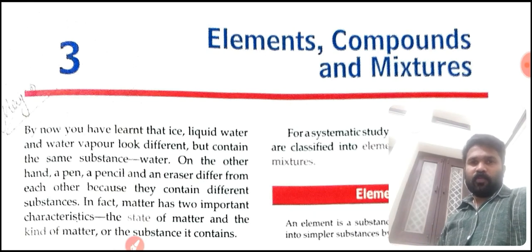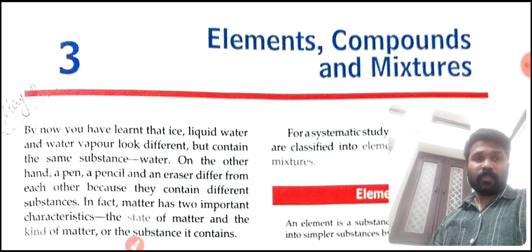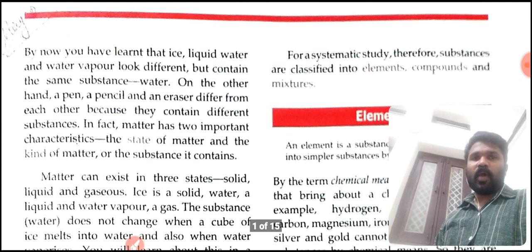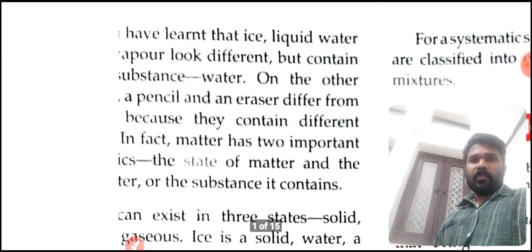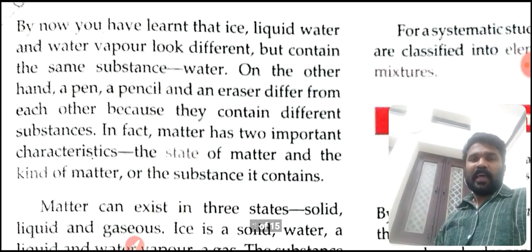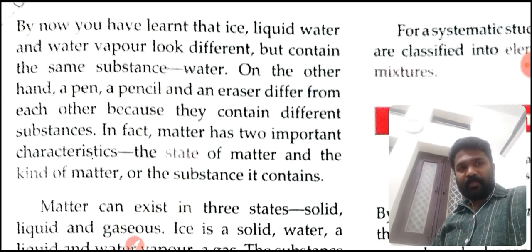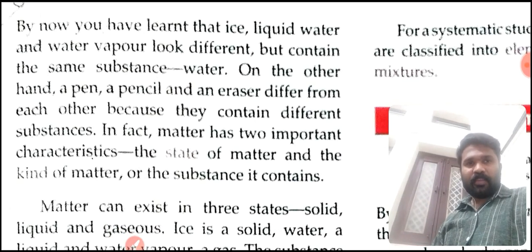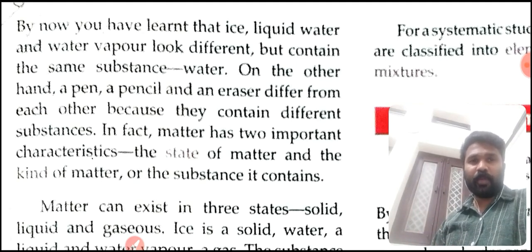Until now, maybe you have learned that ice, liquid water and water vapor look different, but contain the same substance, that is called water. We have already discussed ice. Ice can be changed into water by heating it. Again, if we heat that water, it will change into water vapor.